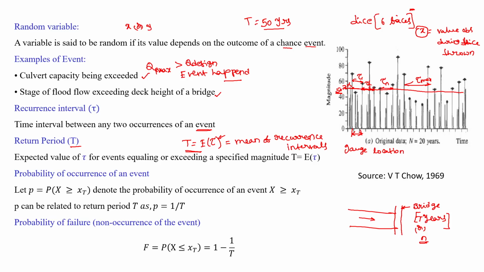Like for GATE also you may expect it to be asked, but in interviews, all the IIT, MTech interviews and PhD interviews, this is definitely an important question. So the return period shows the average value for at least once that the value will exceed the threshold.